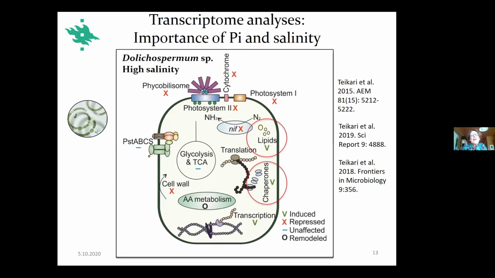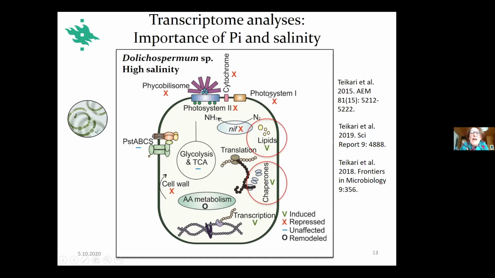Then here is the Dolichospermum and the high salinity. We noticed when we were cultivating this strain that it didn't stand high concentrations of salinity, but even at this 6 promille of salinity, it grew not so well. It started to be a little bit yellowish.